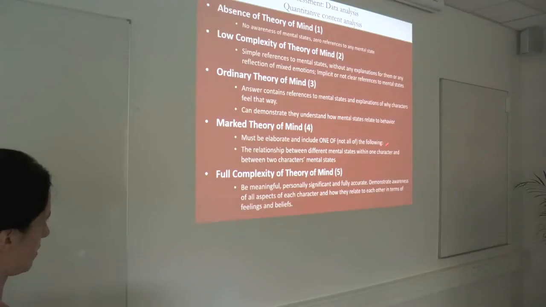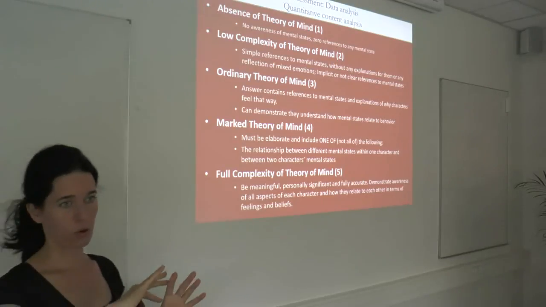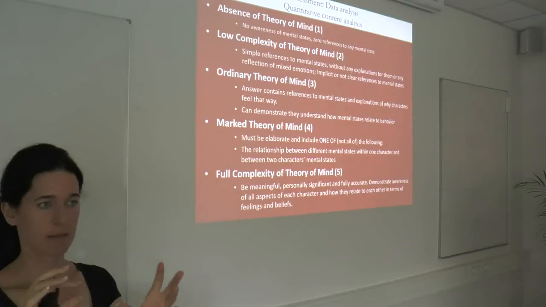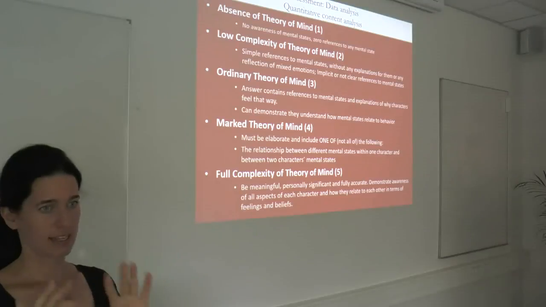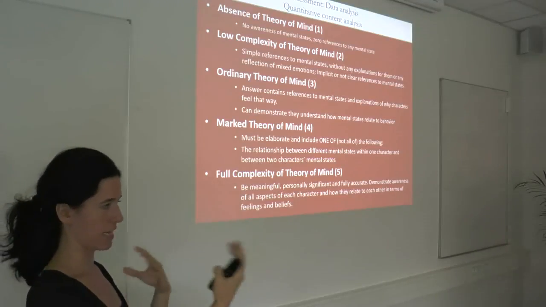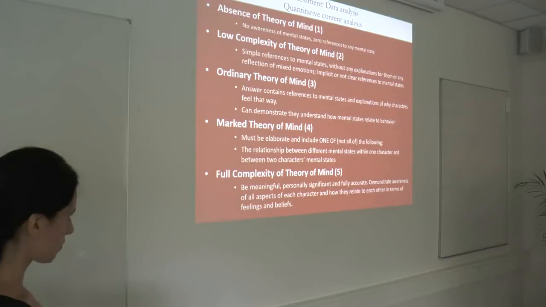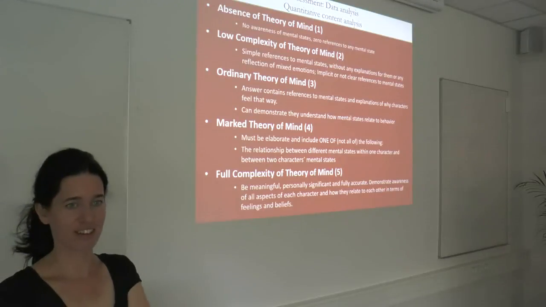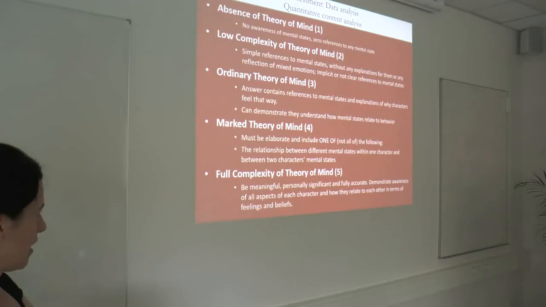sorry I deleted the subscales, but it reflects on the changes of mental states, the ambiguity of mental states, that they are connected to each other and they may not reflect the reality. Full complexity of theory of mind: 3 participants fell into this category, so we considered merging the 2 rating scale levels.